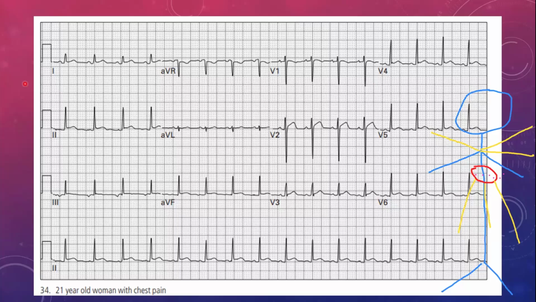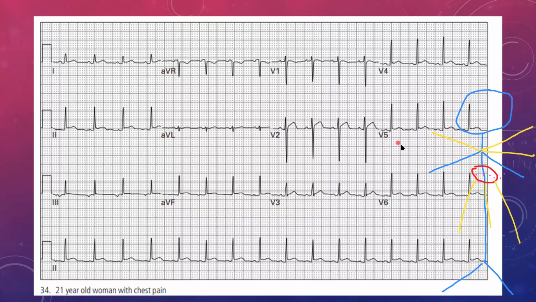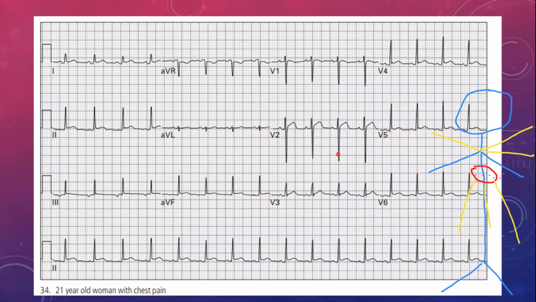Then you have things like benign early repolarization, which is a benign condition, and in some people they do repolarize, or go into their repolarization cycle, a bit earlier. So in other words, their baseline electrical activity at that point is a little bit higher.